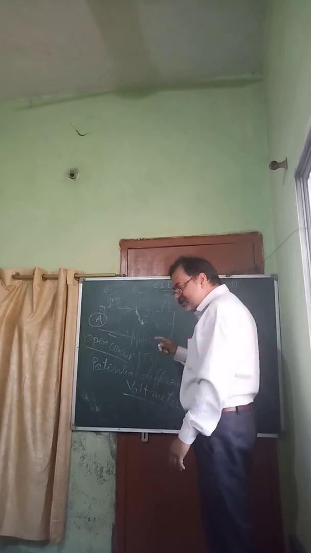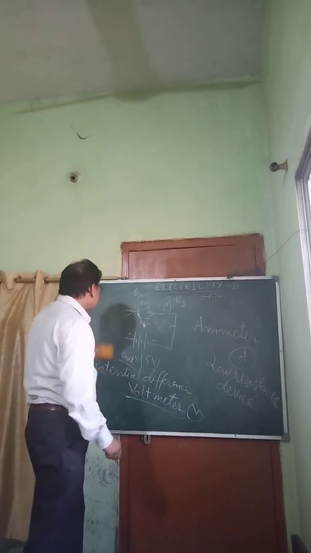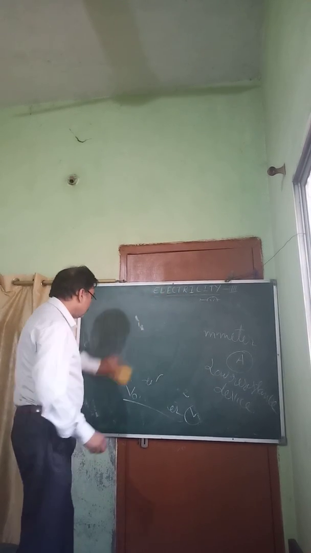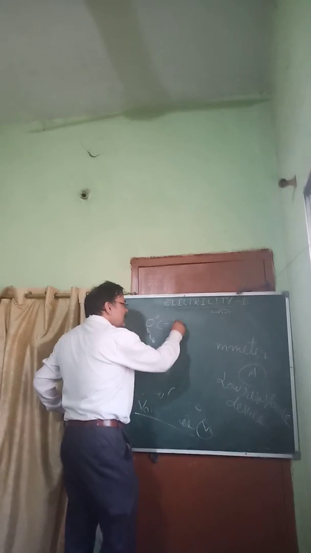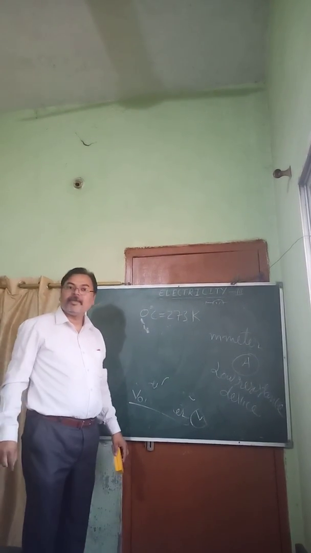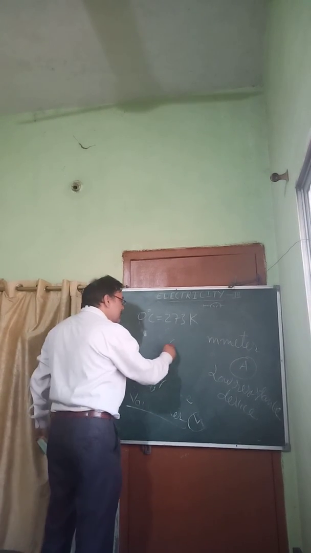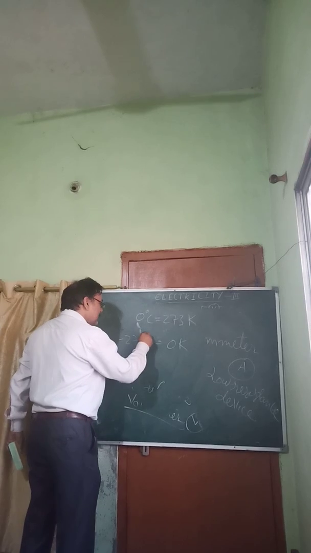Now, the Kelvin scale is a different scale. You know the Celsius scale, no? In the Celsius scale, 0 degree Celsius is equivalent to 273 Kelvin in the Kelvin scale. And if I am talking about 0 Kelvin, then it is equal to minus 273 degrees Celsius.